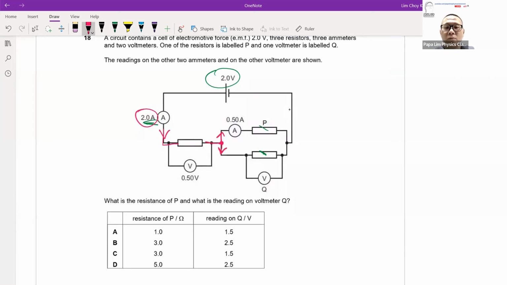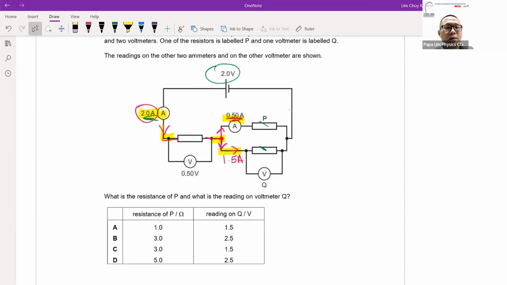So the current 2 amp will split into 2 paths, one up, one down. I know the top path is 0.5 amp, so automatically I know that this path will be 1.5 amp, because the current will split. 2 amp will split into 0.5 and 1.5.